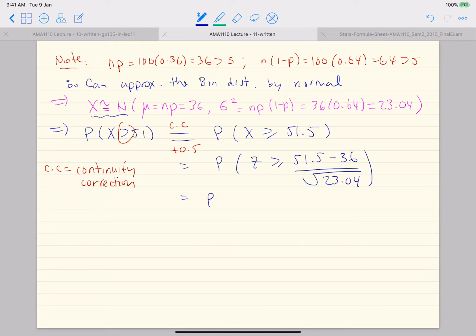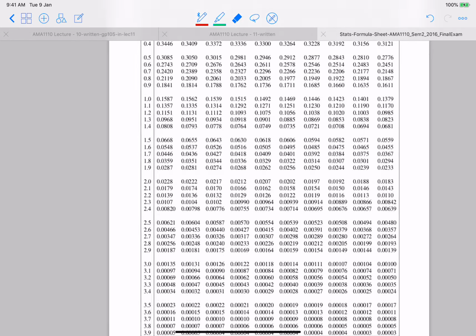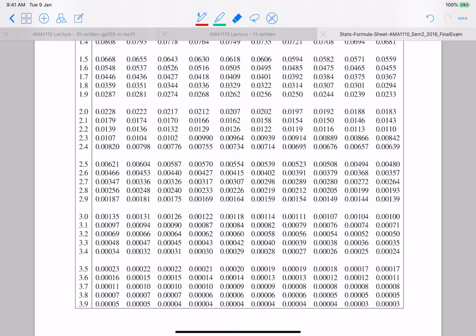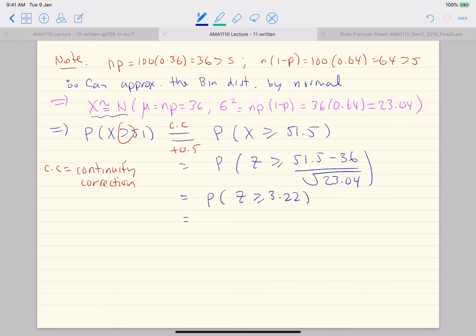Once we plug the right hand side into the calculator, we get 3.22, and looking at the normal table, 3.22 is here, 0.00064.